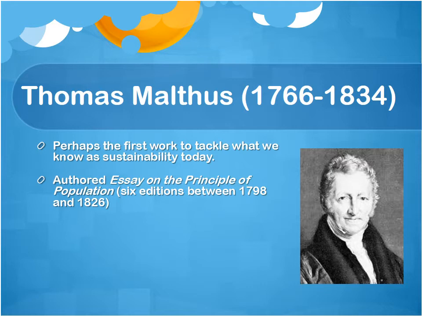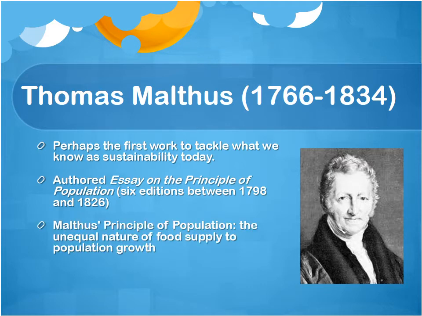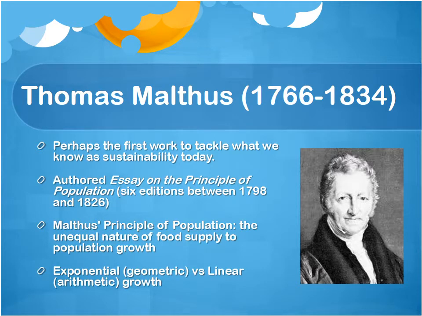Malthus' central issue was the unequal nature of food supply to population growth, or our ability to produce food to feed the population as it was growing. This centered on what we would call today exponential or geometric growth versus linear or arithmetic growth.